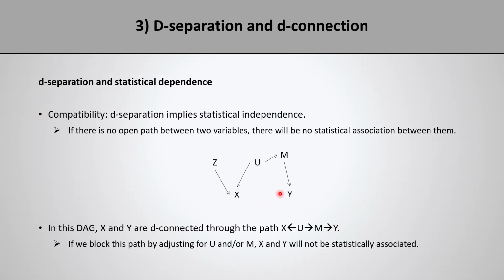And if we block this path by adjusting for u, for m, or for both of them, x and y will no longer be d-connected. They will be d-separated, and by compatibility, they will not be statistically associated. And this rule is quite intuitive. It just says that if there is no source of association between two variables, after all, an open path is a source of association, then we would not expect those two variables to be associated.